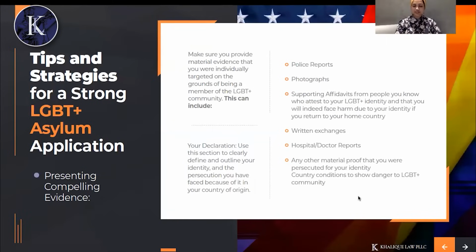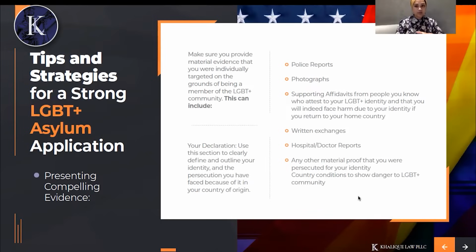Okay, so as I mentioned, you can also include hospital reports, doctor reports, any other communications that you have, and any other proof, including country conditions. We kind of discussed this before, articles about what's going on in your country, all of these things to establish that one, you belong to the LGBT community.